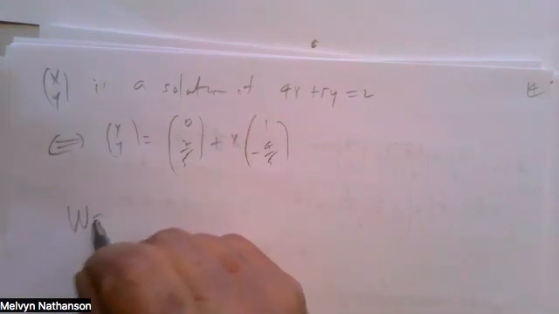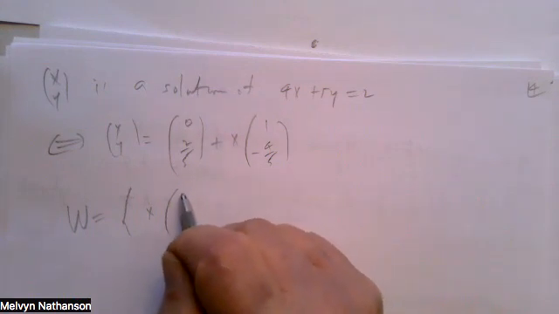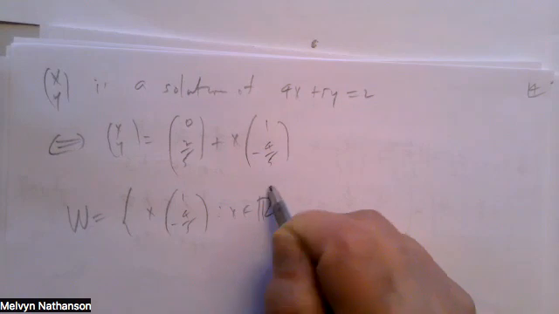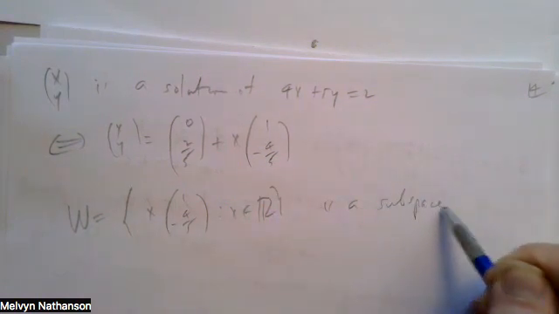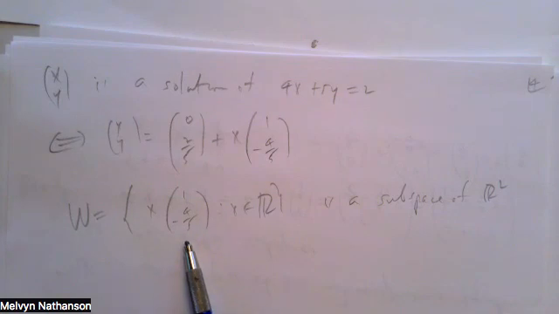Now, if I let W be the set of all scalar multiples of the vector (1, minus 4/5), this is a subspace of R2. Because if you add two scalar multiples of a fixed vector, you get another scalar multiple of the vector.